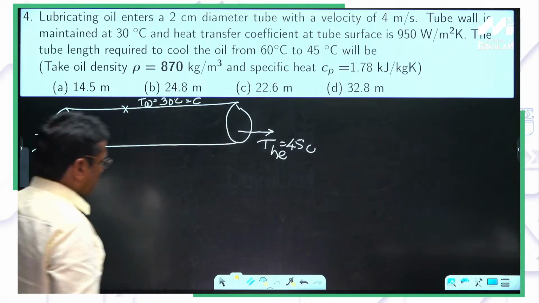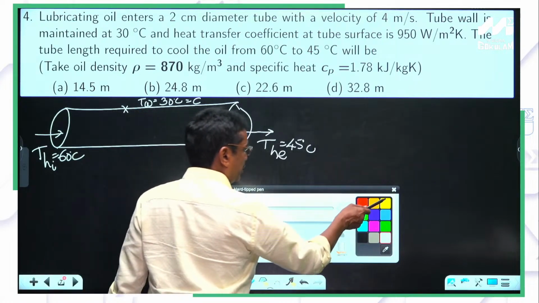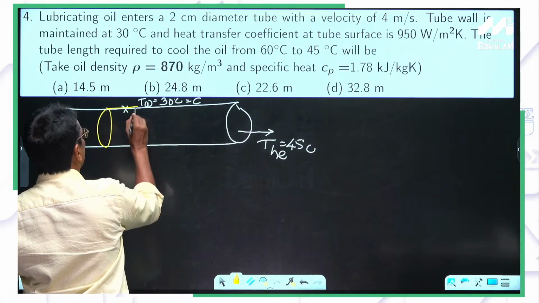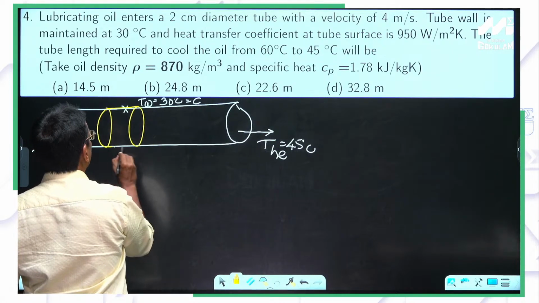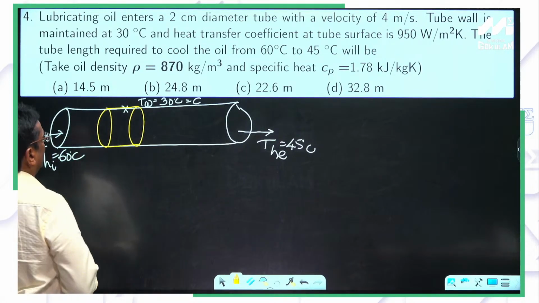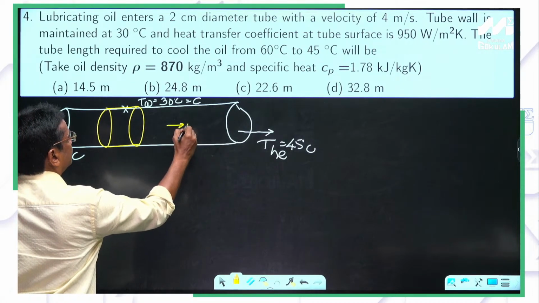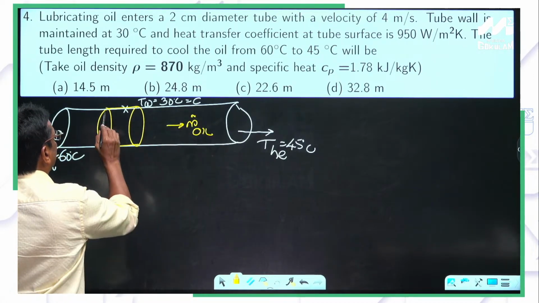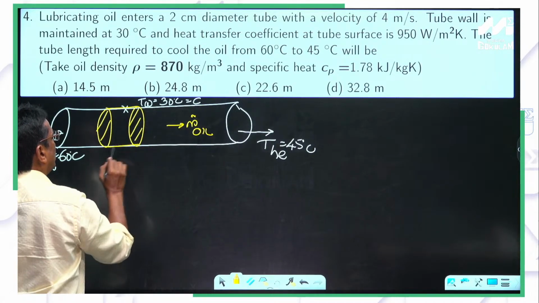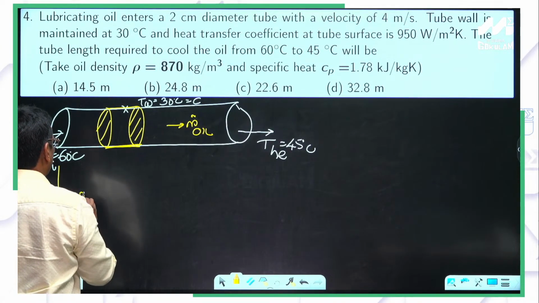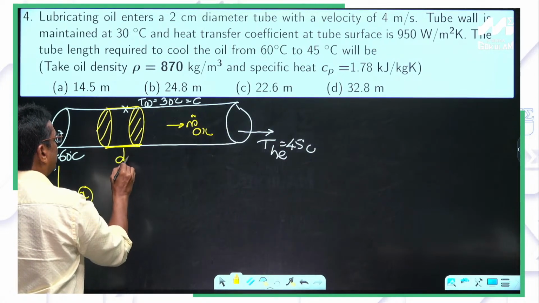First, I take a differential control volume, a small differential length of the pipe. For that I write the energy balance. There is a mass flow rate of the oil. A differential control volume of length dx, supposing this is the x direction.